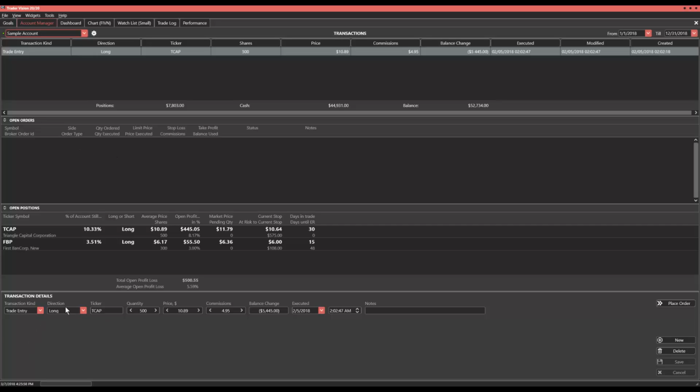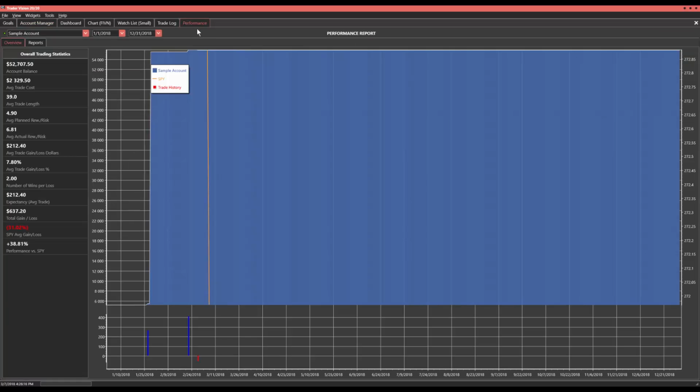You can add transactions. For example, let's say your brokerage charges you a monthly fee, or you decide to take money out or put money in. You can record that here, again to keep TraderVision in sync with your brokerage. I can show it to you, but there's not much to show at this point in time.